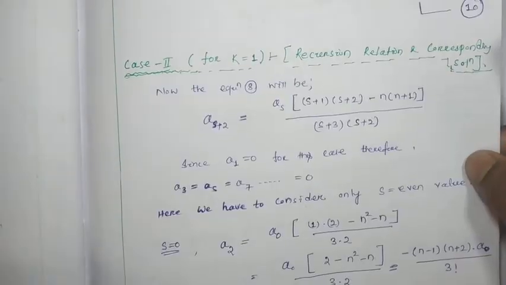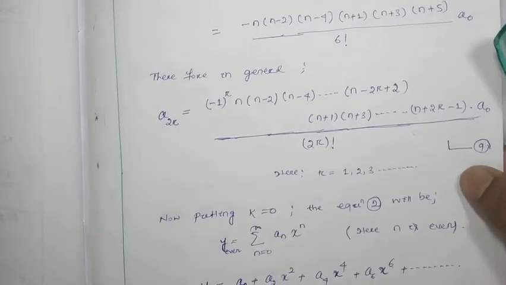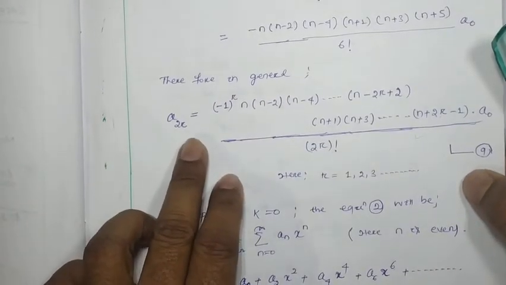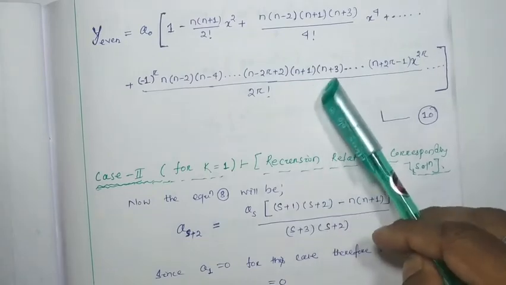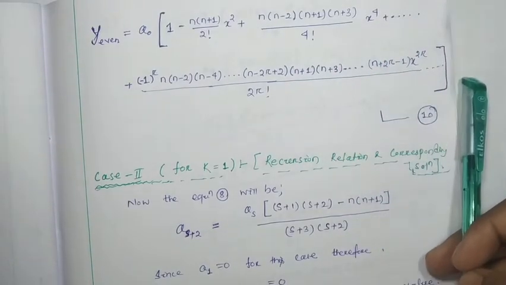You can find it in your notes itself. This is your a2r term, whatever I have written over here. This is your general term, and then it can be extended.